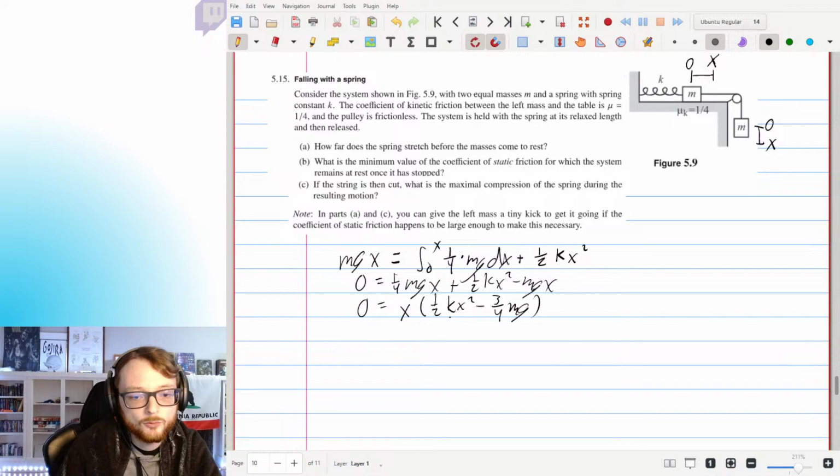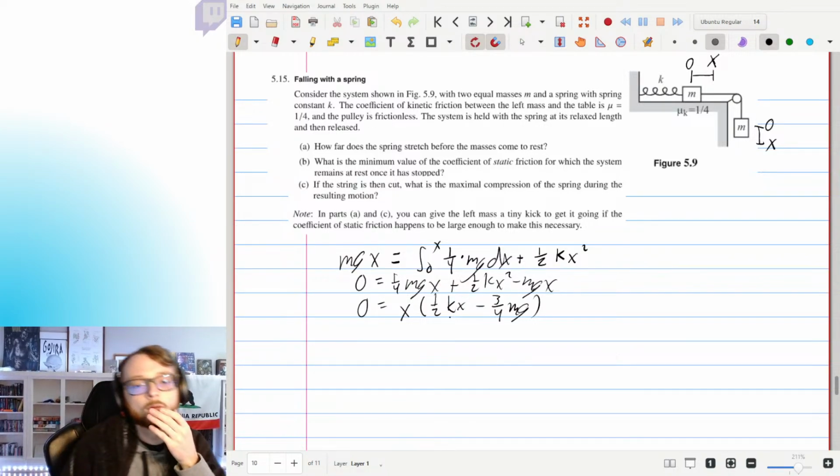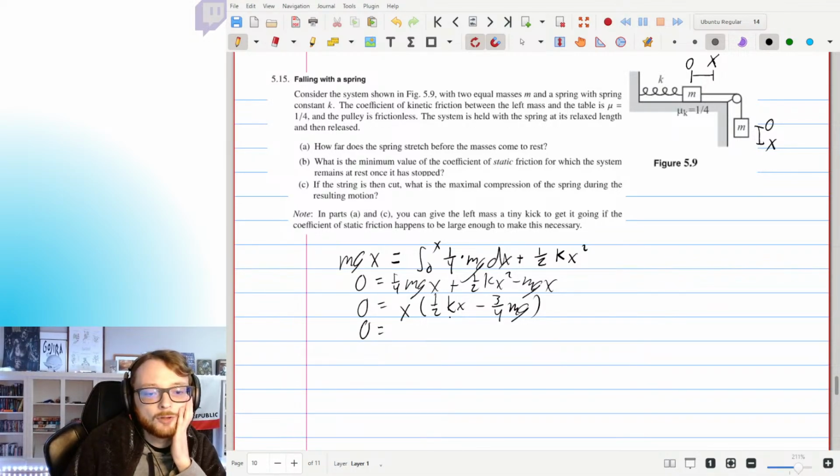Oops, no squared. Okay, so then we're only interested in this bit. Who even cares about x equals 0?